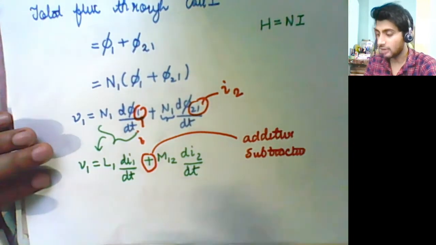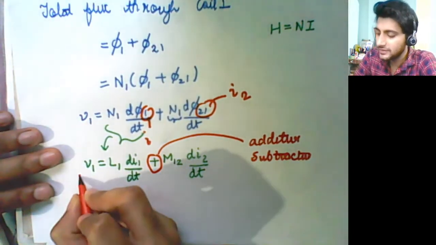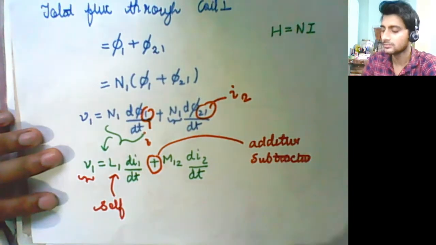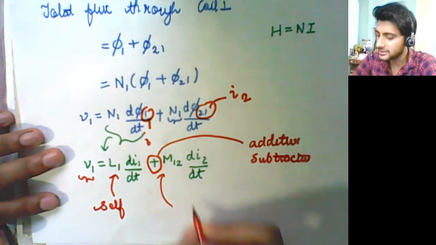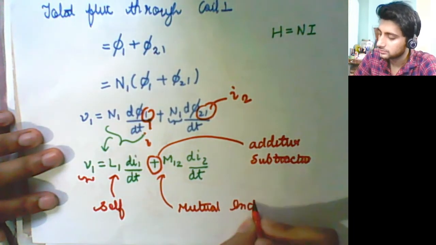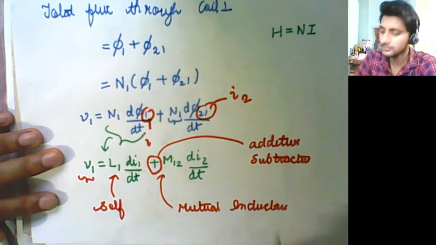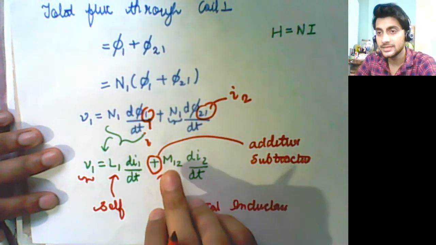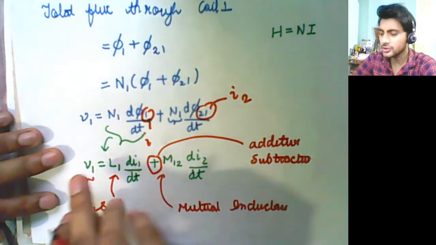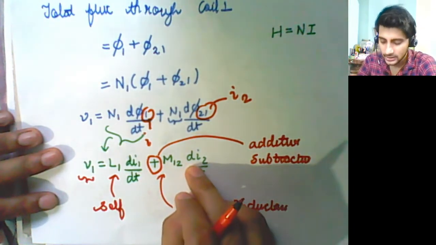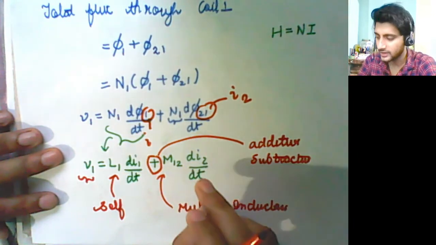But as of now, you understand that in V1, there is one portion which depends on self-inductance, and another portion which depends on what we call mutual inductance. This is M12, which is the contribution in the voltage V1 because of the current I2.